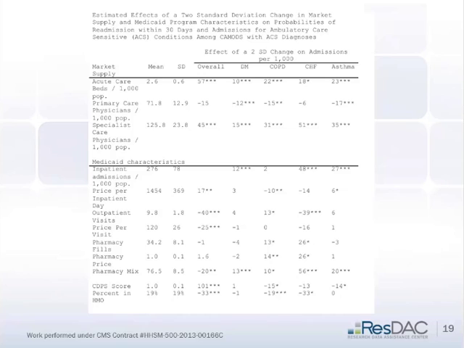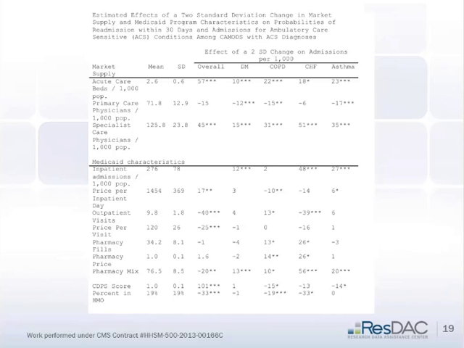So that's what we did. We pulled that data, and the top set of things are called market supply, the traditional Medicare variation predictors: acute care beds per 1,000 population, primary care physicians, and specialist physicians per 1,000.